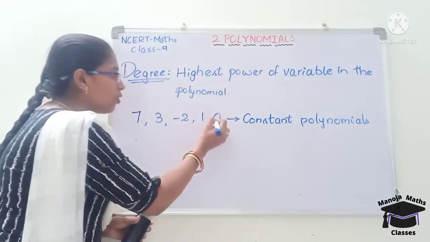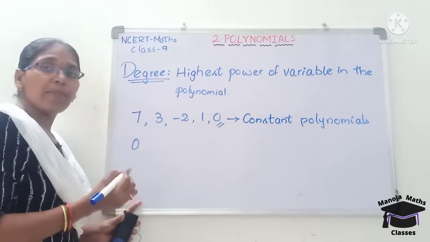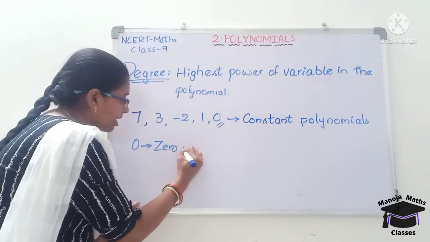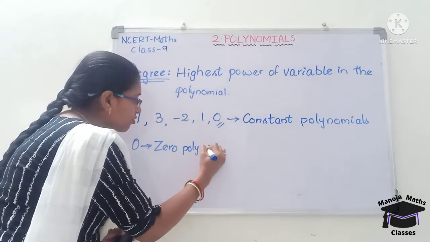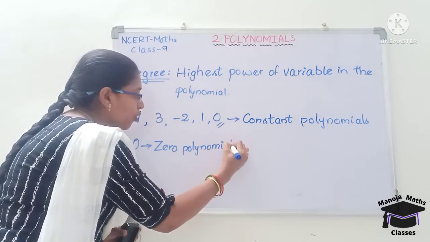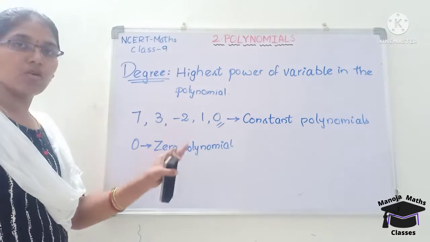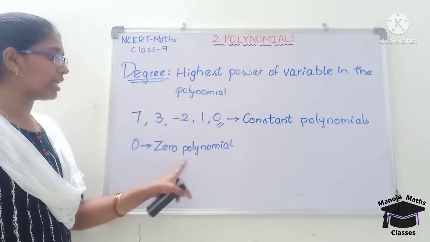And this 0 is called the zero polynomial. 0 is called what, children? Zero polynomial. So children, now you understood that constants are called constant polynomials and 0 is called the zero polynomial.